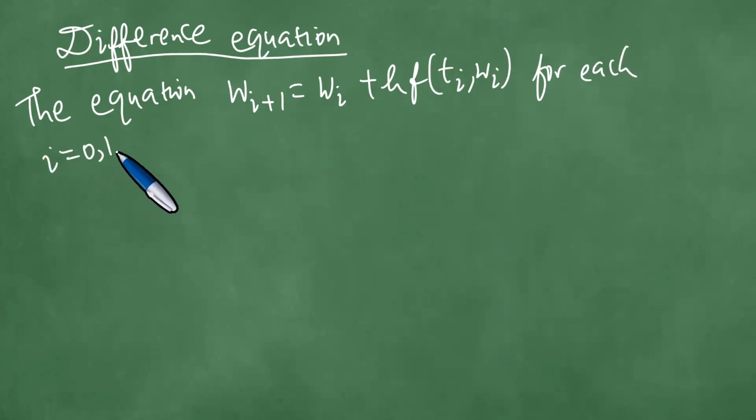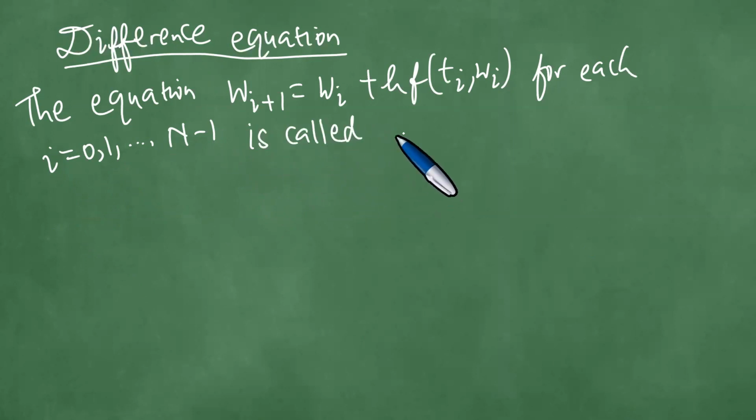for each i equals 0, 1, until n minus 1. The equation for each of these is called the difference equation.